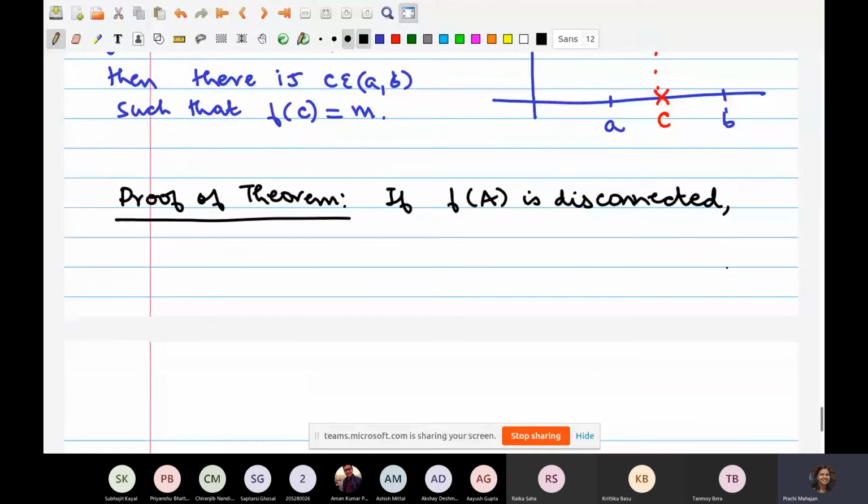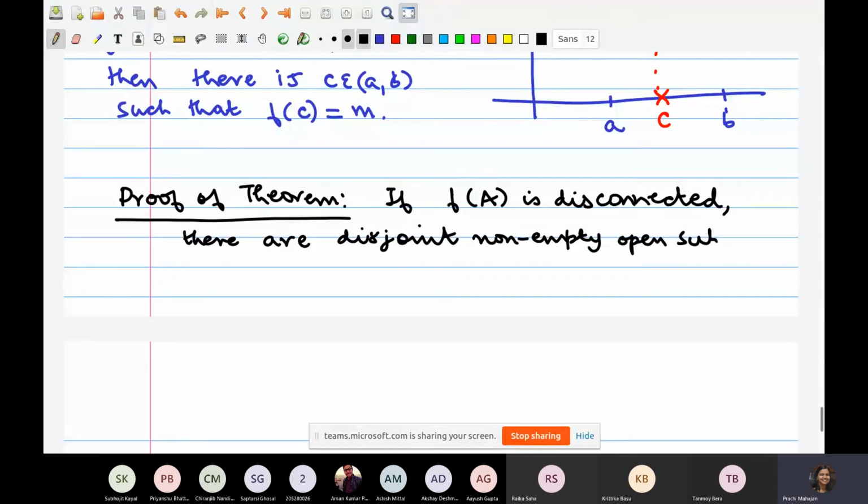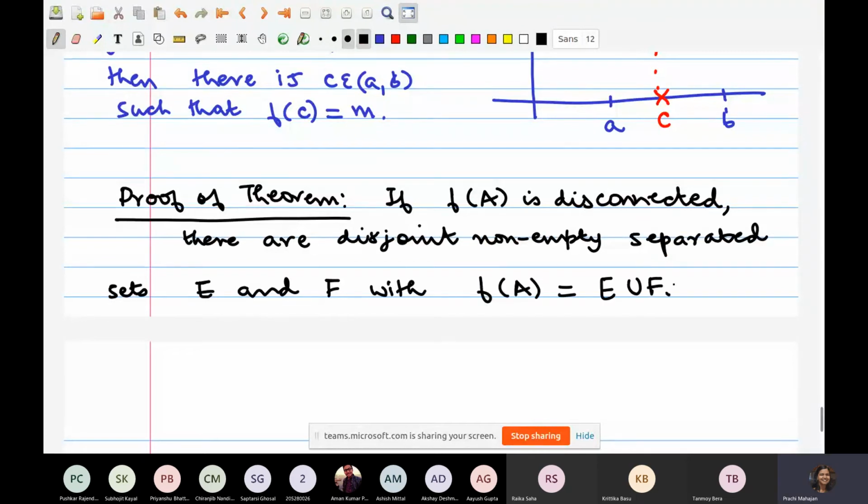Which means that there is a disconnection of f(A), which means that there are, by definition, non-empty separated sets, let's call them E and F. So E and F form a separation of f(A), with f(A) equal to E union F.